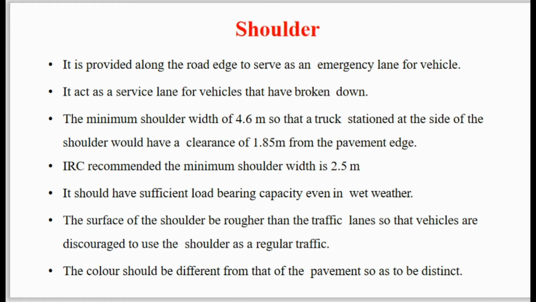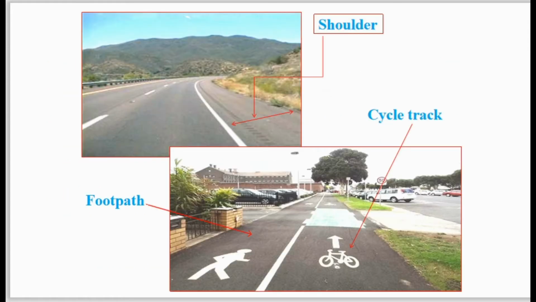The surface of the shoulder should be rougher than the traffic lanes, so that vehicles are discouraged from using the shoulder as a regular traffic lane, and the color should be different from that of the pavement so that it can be distinguished.